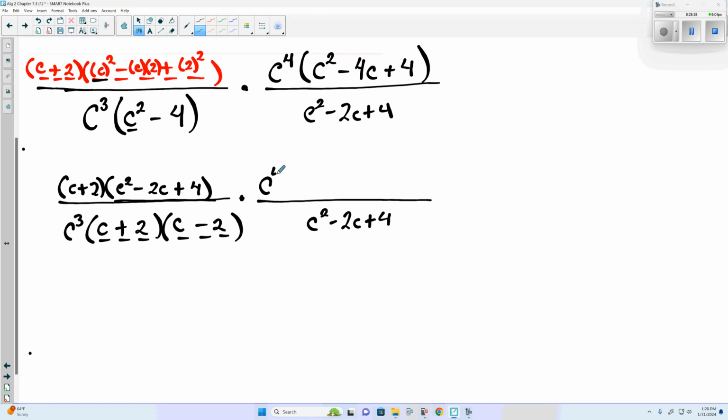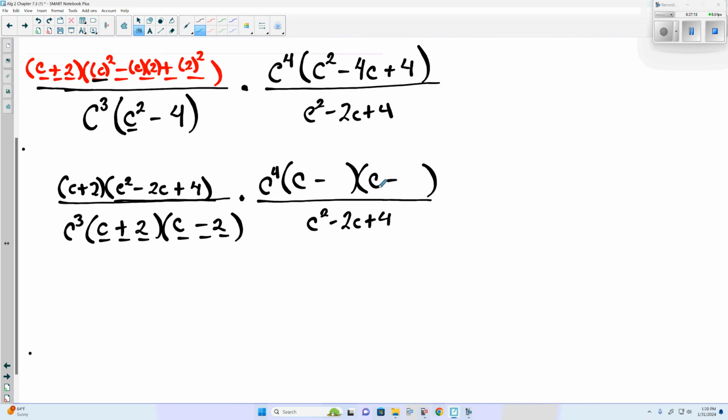Now the last thing we have to factor is our c squared minus 4c plus 4. Third term's positive, so signs are the same. Both negative, signs are the same and match the sign of the middle term, minus and minus. Factors of c squared, c and c. Now there's two factors for 4, 1 and 4, or 2 and 2.